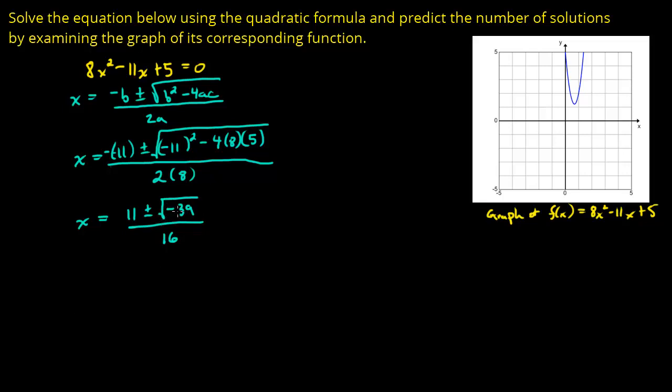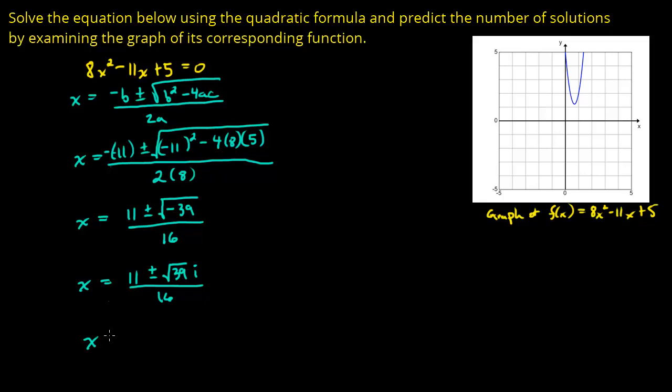Now, recall that the square root of negative 39 is not a real number. It's actually an imaginary number. So I can write this as x is equal to 11 plus or minus the square root of 39i, all divided by 16. So this gives us two roots.